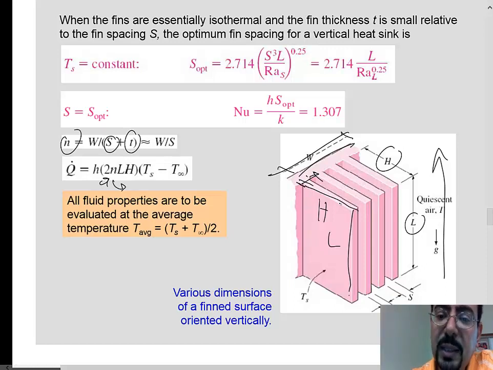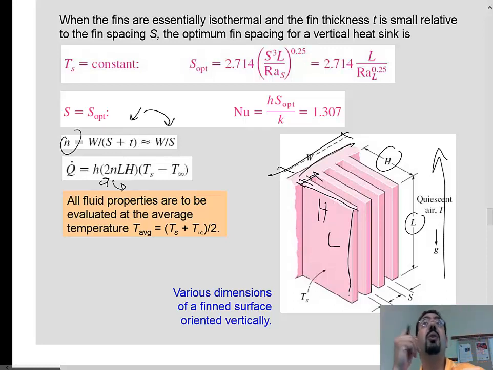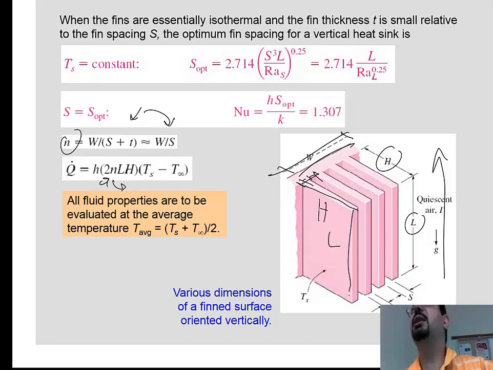S is the spacing and t is the thickness. So this is the accurate equation, of course. He approximated it like this, and you can only do this if t is really tiny compared to S. So you find yourself saying S is 1 inch and t is 0.0-something of an inch.